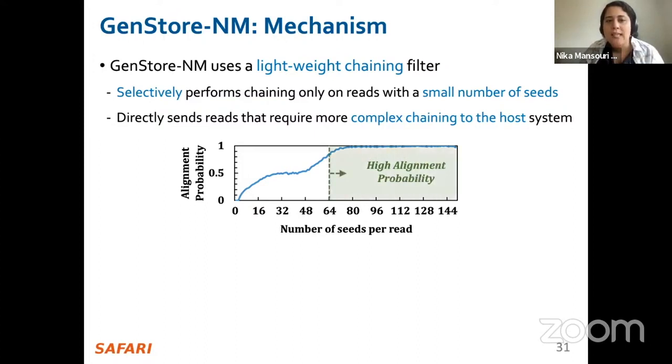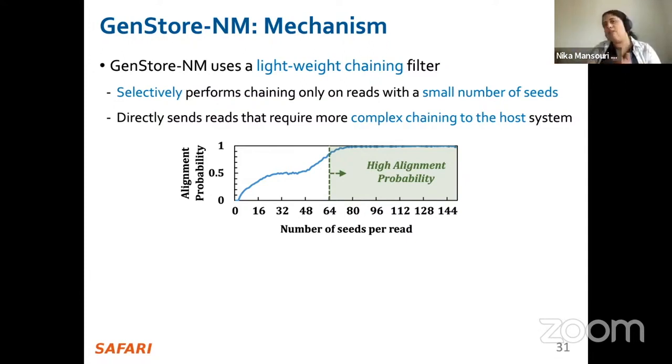And we observed that reads with a sufficiently large number of seeds are very likely to align to subsequences in the reference genome. That is intuitive, right? Because if you have many seeds, basically many chimeras of a read matching into the reference genome, then there's a high likelihood that it's very similar, so it would likely align.